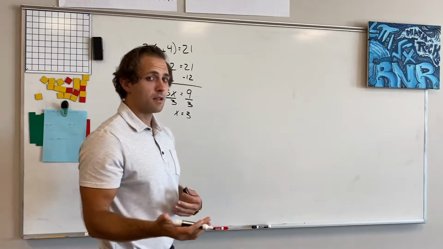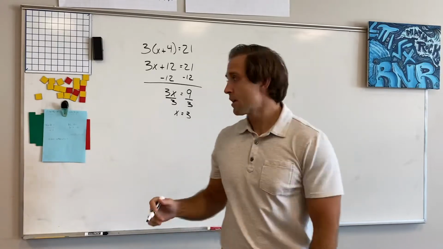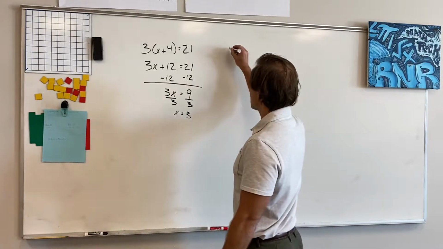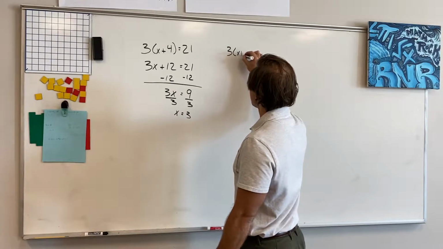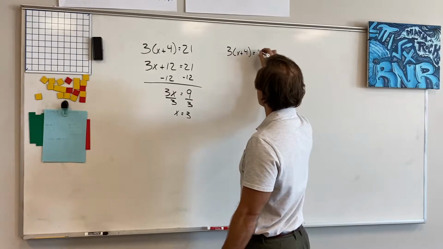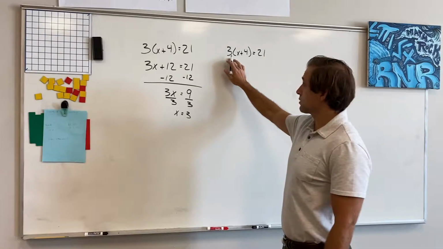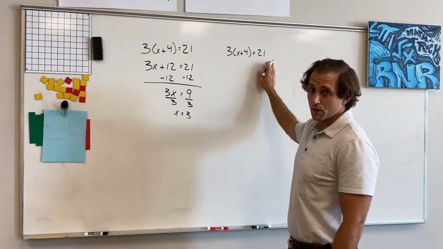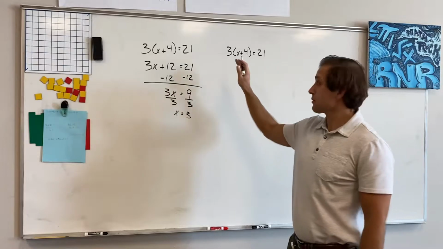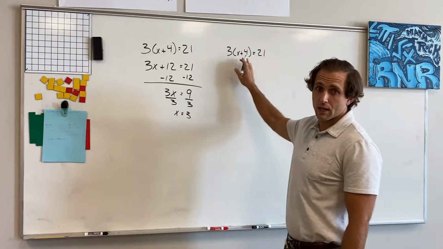Now, like I said, there are other strategies. Another way that we could look at this same problem, thinking about this problem, this is 3 groups of x plus 4 is equal to 21. 3 groups of the quantity x plus 4.